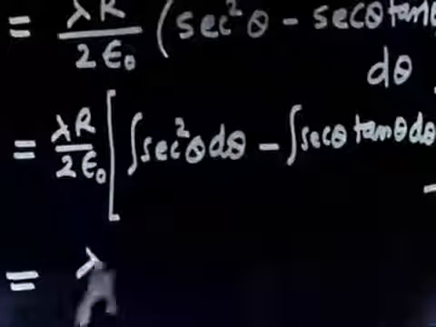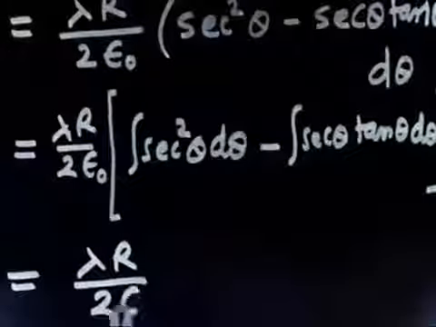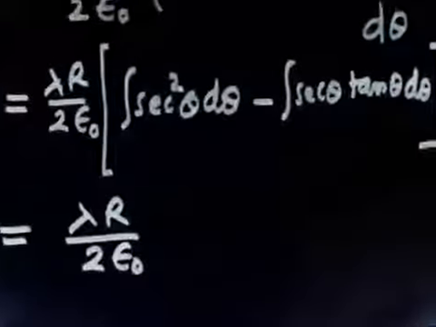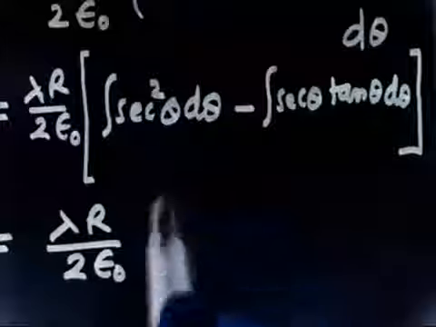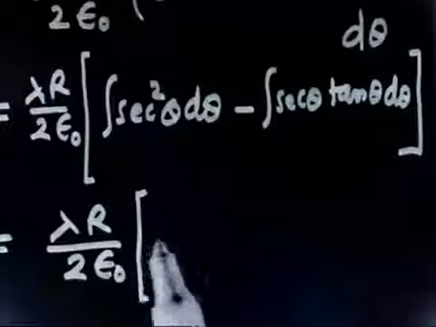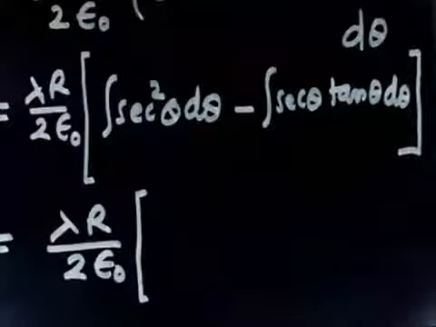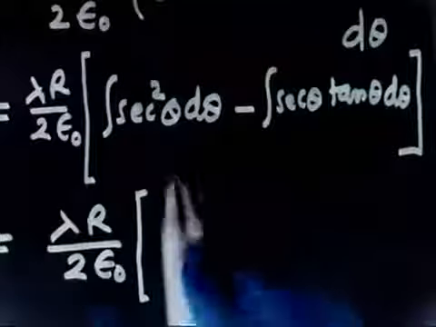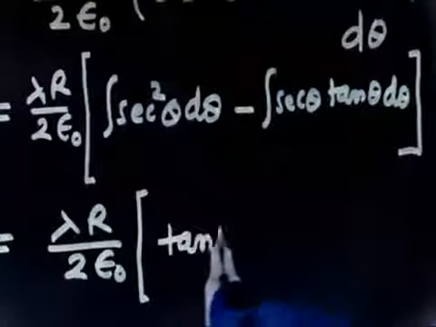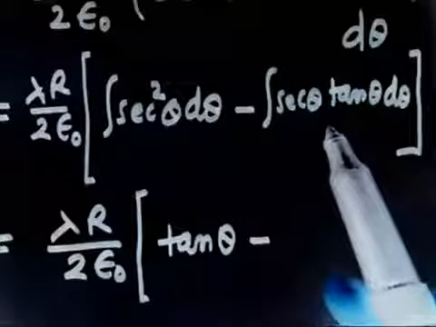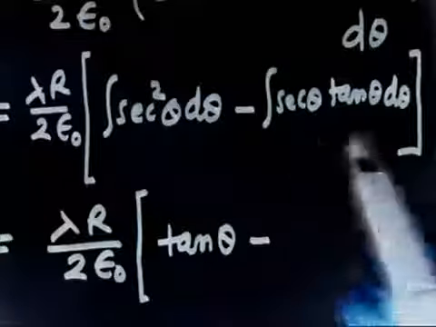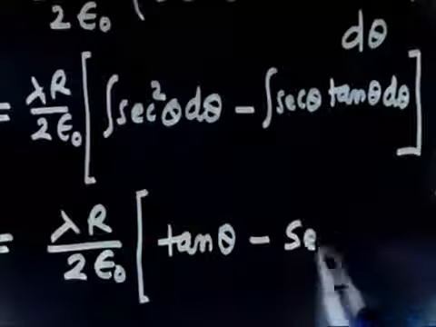Now this is lambda r by 2 epsilon naught. The integration of sec square theta will be tan theta, because everybody knows the differentiation of tan theta is sec square theta. Minus, so this is the differentiation of sec theta: the differentiation of sec theta is sec theta tan theta, so its integration will be simply sec theta.